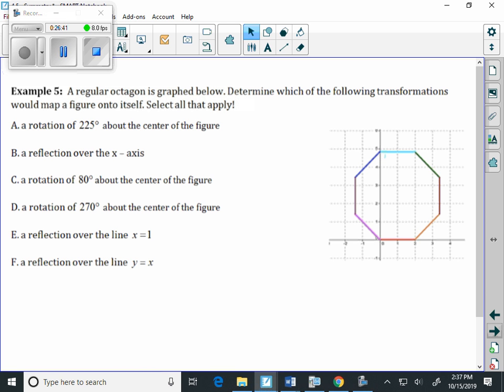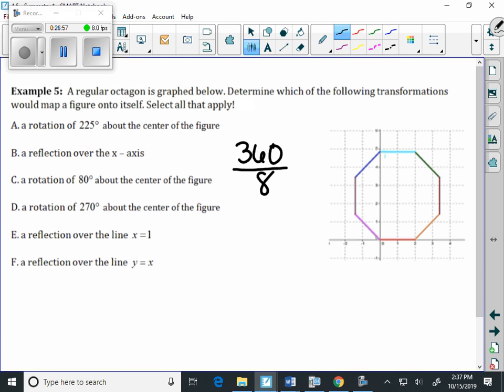Well, remember that an octagon has 8 sides, and so I want to start off with the order here, and the order is 8, and when we take 360 and we divide by 8, we get 45. So if we look over here, in terms of our answers, we might be able to figure out one of them, maybe 2.